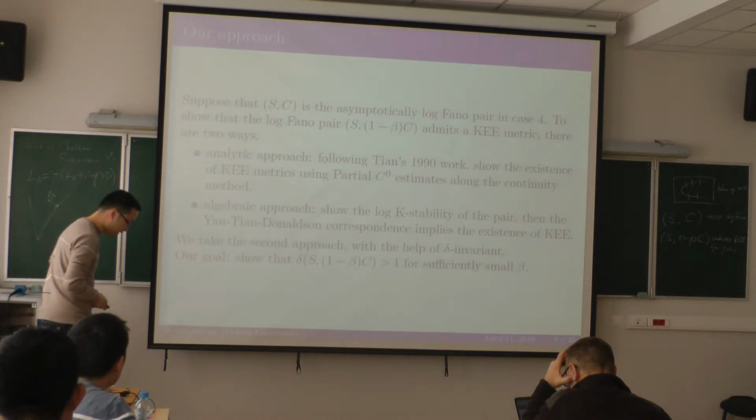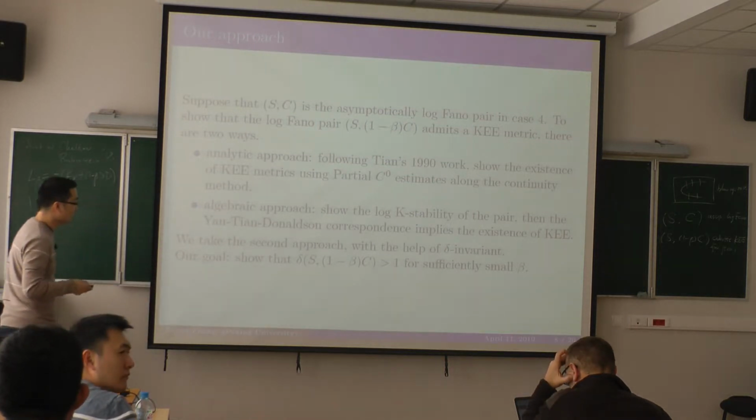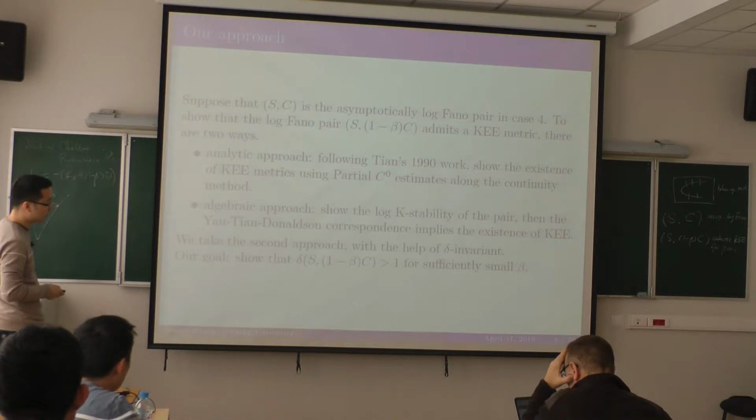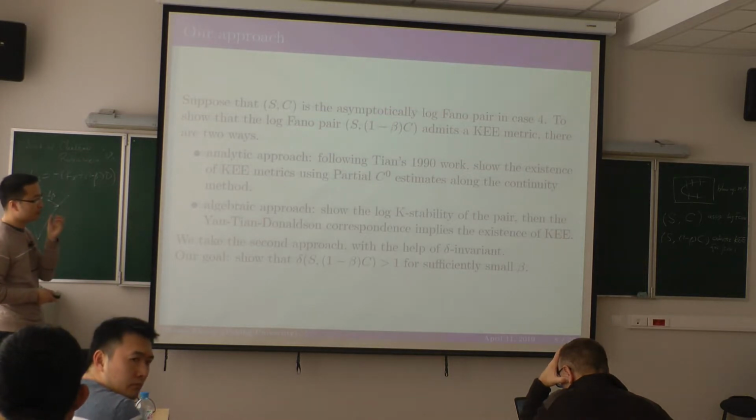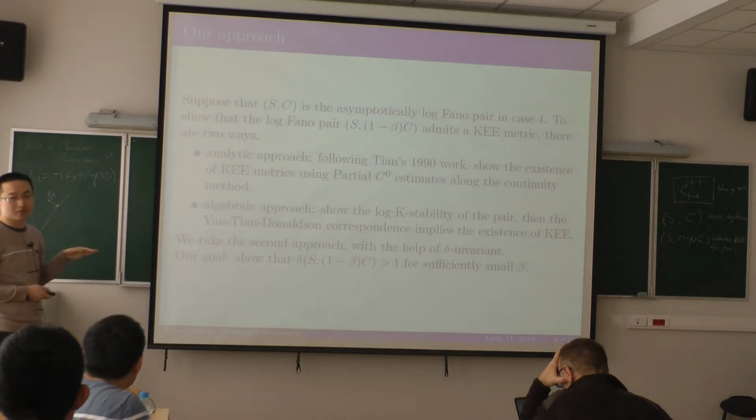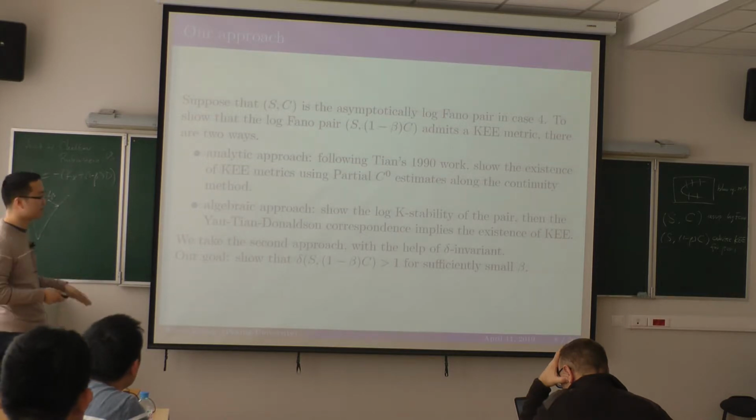In our final proof, we want to estimate the delta invariant of this pair. To make this inequality happen, beta should be chosen sufficiently small. How small can be determined from our proof, actually. It's not hard.